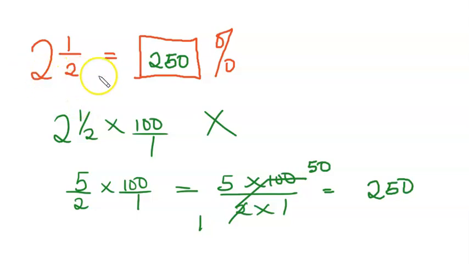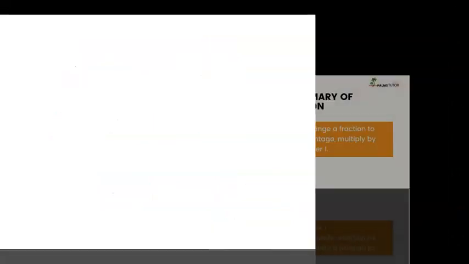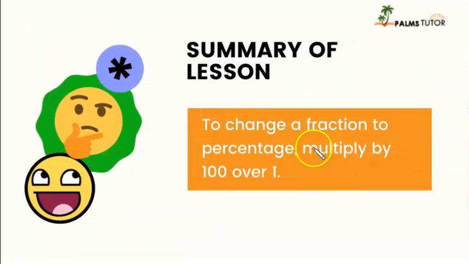So percentage or fraction or sometimes decimal, all of these have the same value, only expressed in different ways, right? So 2.5 is 250%. So today we have learned to change a fraction to percentage, multiply by 100 over 1.